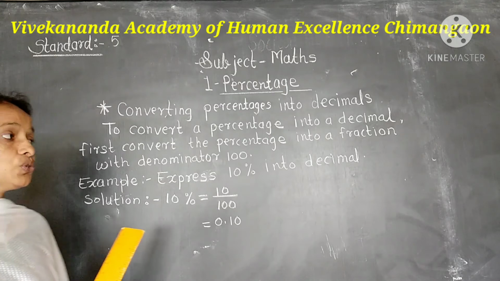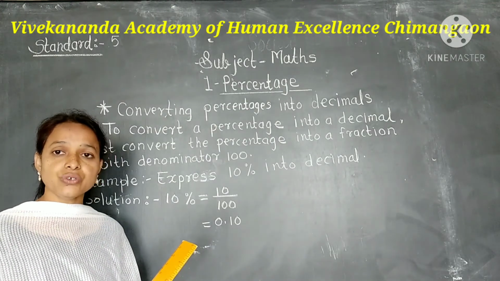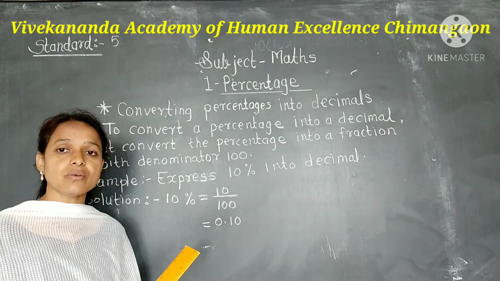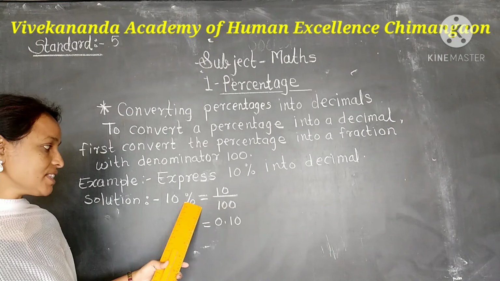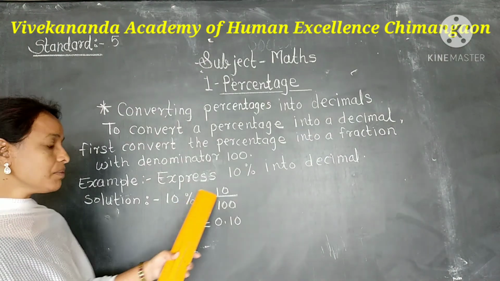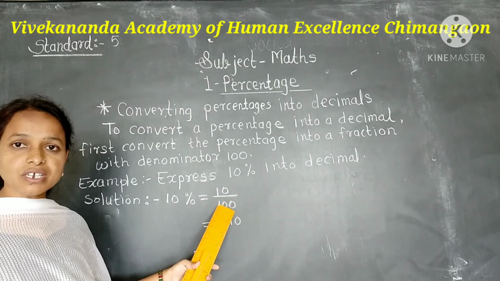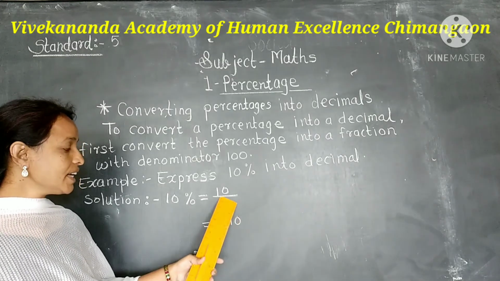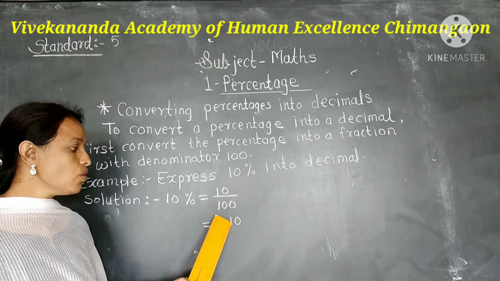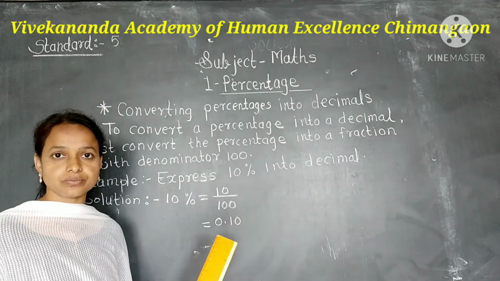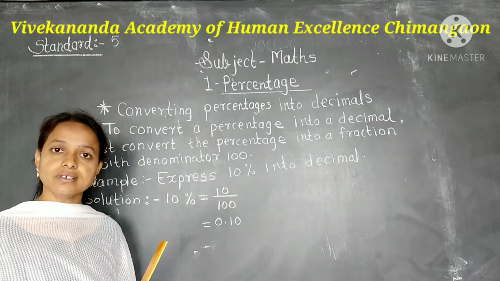First we convert into a fraction with denominator 100: remove percent sign and divide number by 100. So here we divide 10 by 100. Once we convert into fraction, 10/100, how to write its decimal? 0.10. In this way here we convert percentage into decimal.